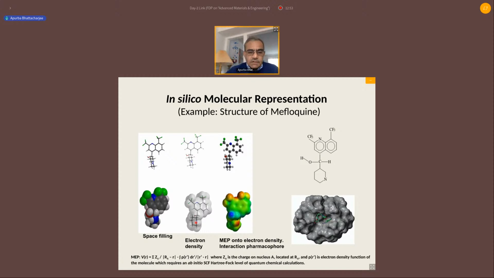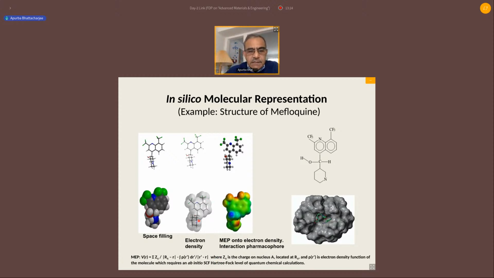This can be very clearly seen here, and we can calculate it using quantum mechanics. This part of the equation is the nuclear charge distribution, and this part is the electron charge distribution. They can be combined, and Hartree-Fock or even density functional theory can quite accurately calculate this, and it can also be determined using X-ray diffraction patterns.